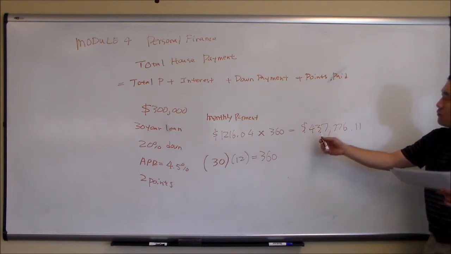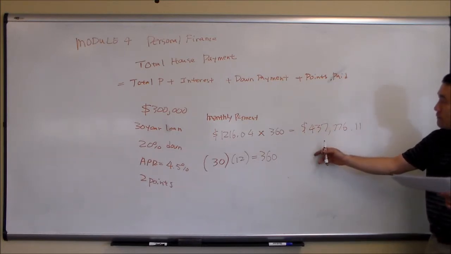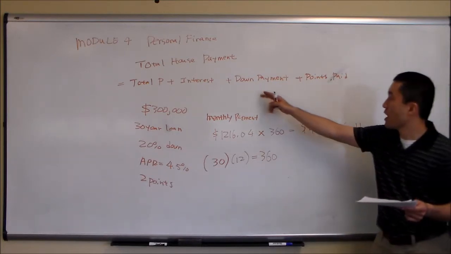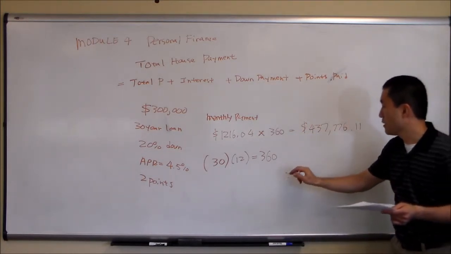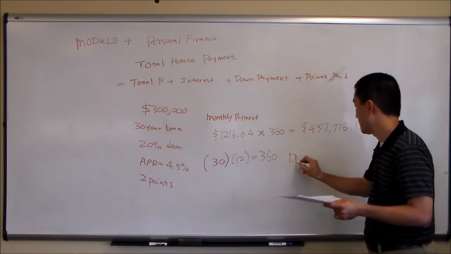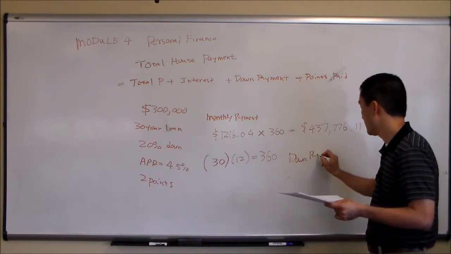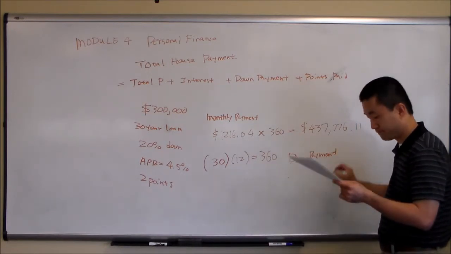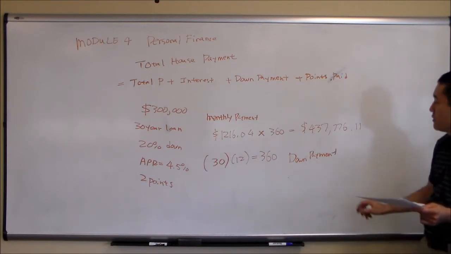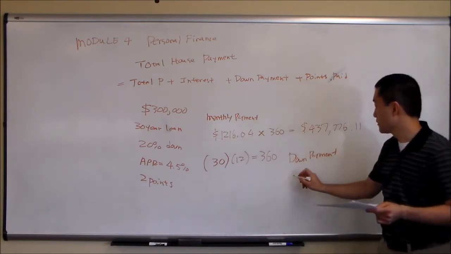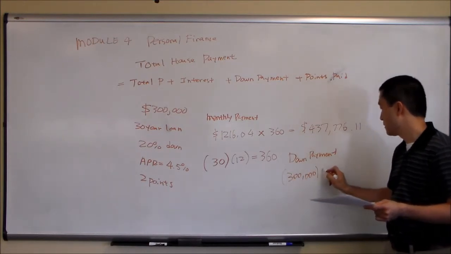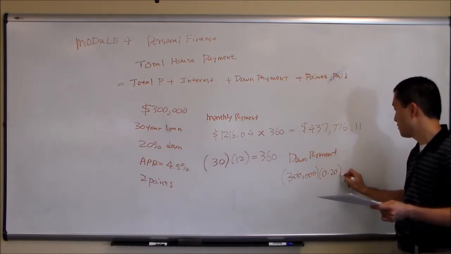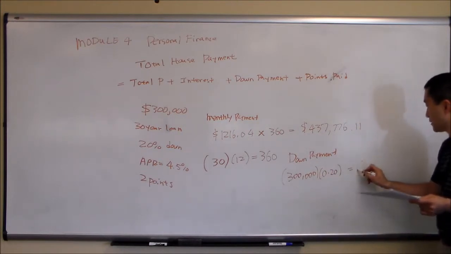Oops, well that's your total principal and the interest. Now we gotta figure out what your down payment is, and then what your points paid are. So the down payment was 20% of the 300,000, so 300,000 times 0.20, which is 60,000.